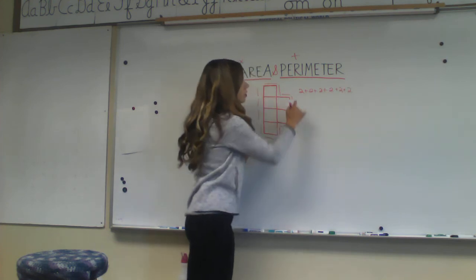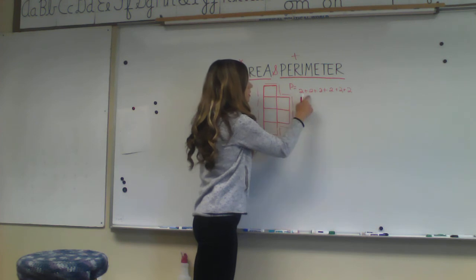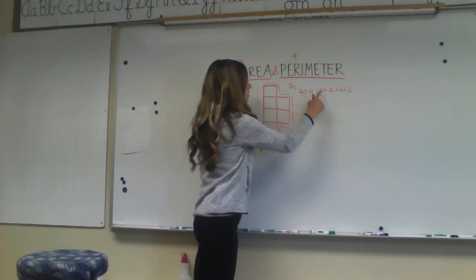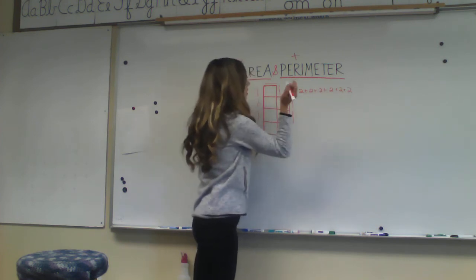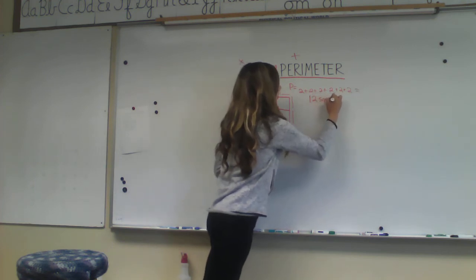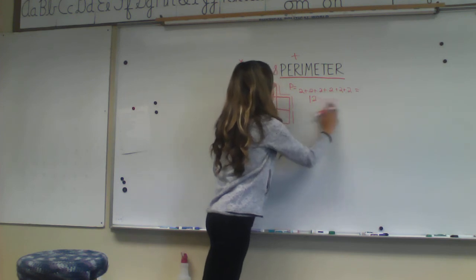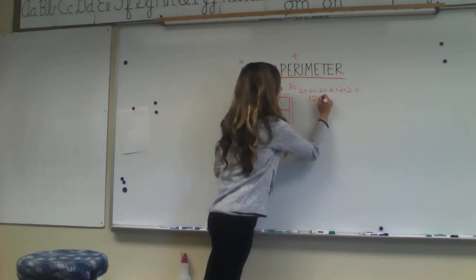Then I just added it all together to find my P, which stands for perimeter. Well, 2 plus 2 plus 2 plus 2 plus 2 plus 2 equals 12 units. Or just units, I'm sorry, not square units. That's for area. So it would just be 12 units.